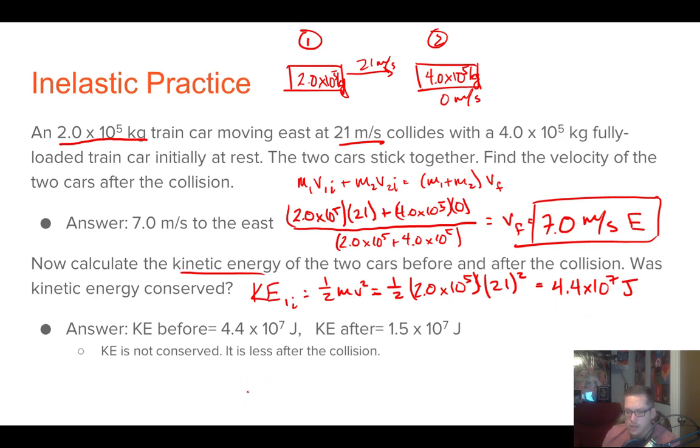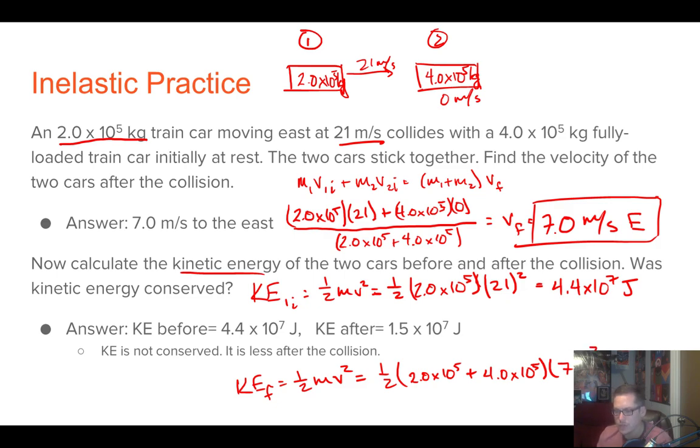Our final kinetic energy would be equal to 1/2 mv squared. So it would be 1/2 times the new mass, which is 2.0 times 10 to the 5th plus 4.0 times 10 to the 5th, times our new velocity, which we just found, which was 7.0 squared. All right, hopefully I get the same thing.